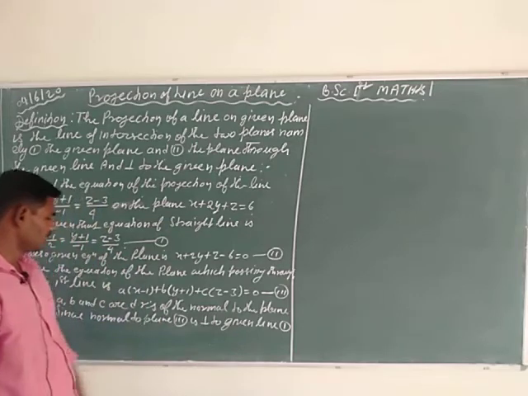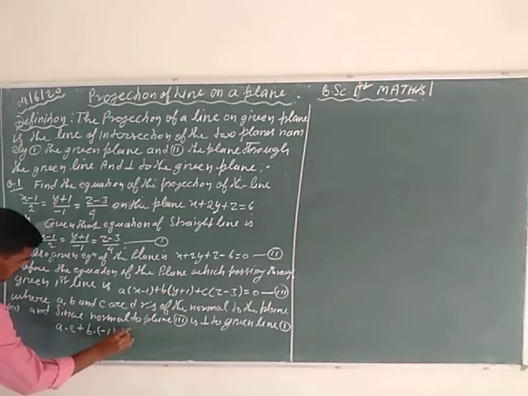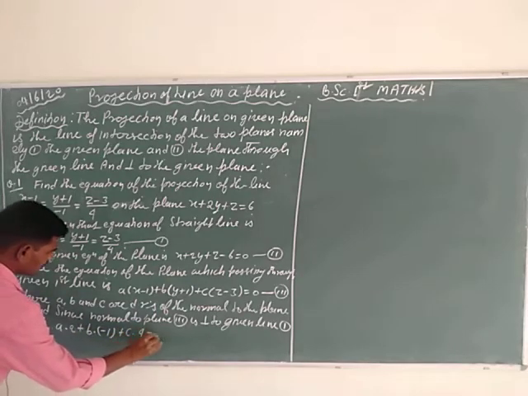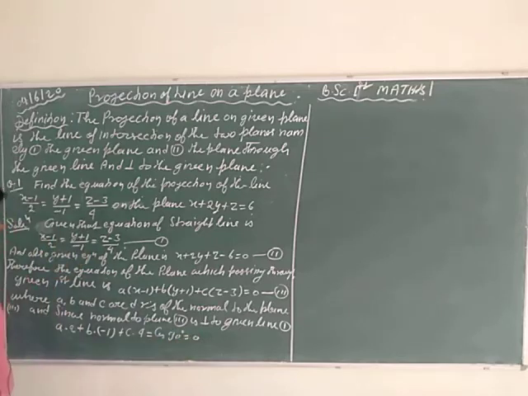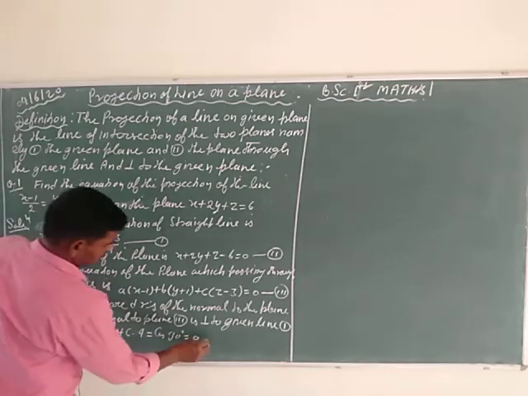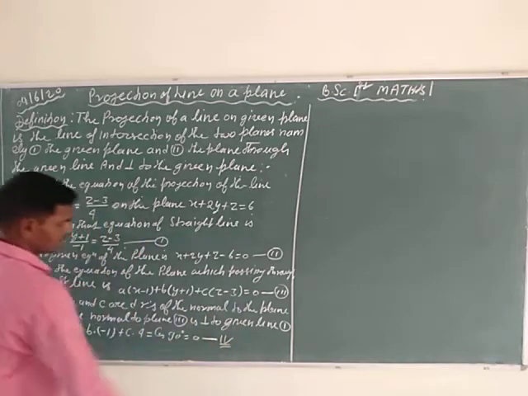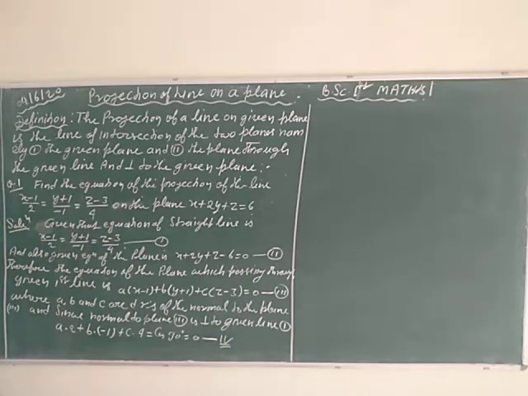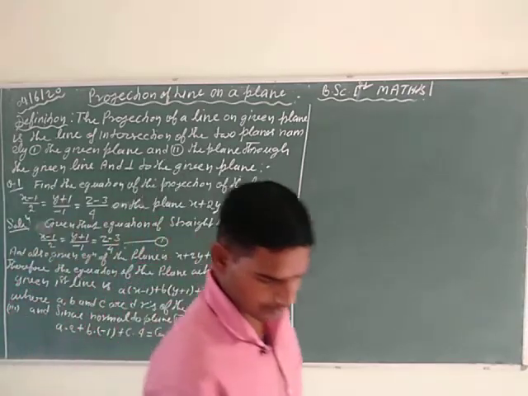So applying it here: a into 2 plus b into minus 1 plus c into 4 is equal to cos 90 degree, which is 0, represented by equation 4th.